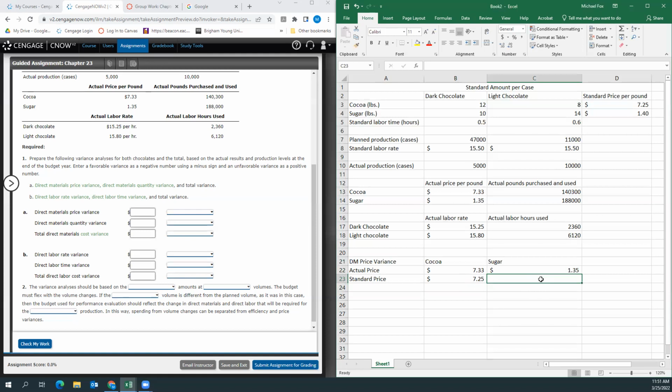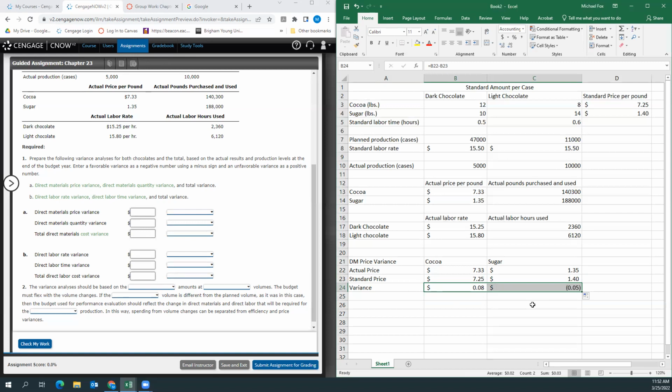And my standard price for a pound of sugar is $1.40. So the difference between my actual price and my standard price is my variance. Okay, so 7.33 minus 7.25 is 8 cents. And for the sugar it is a negative 5 cents.